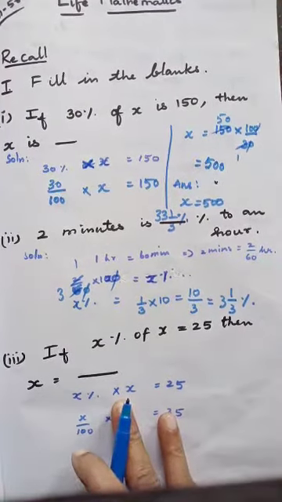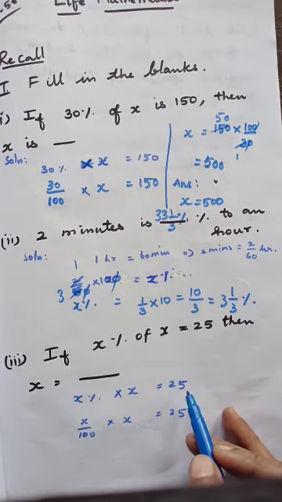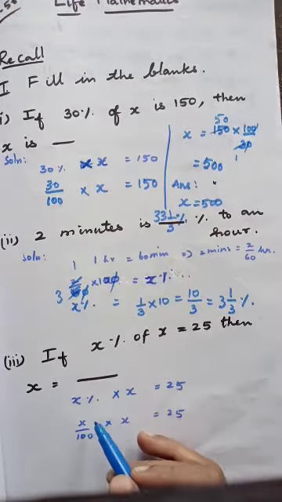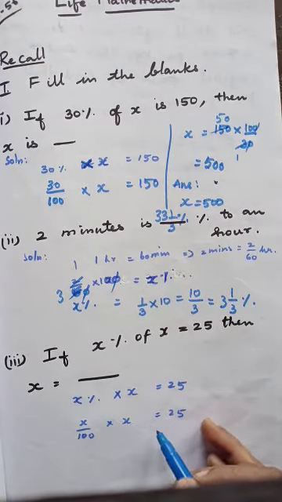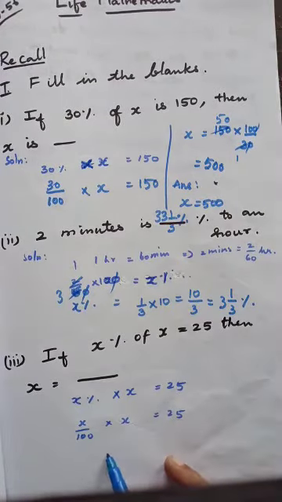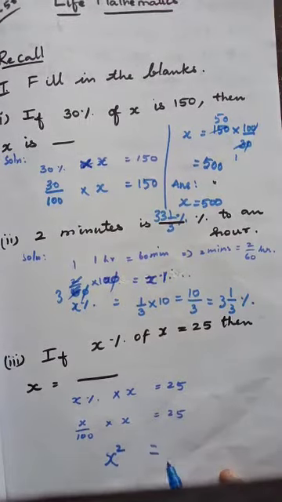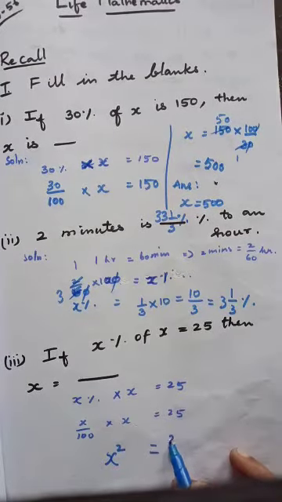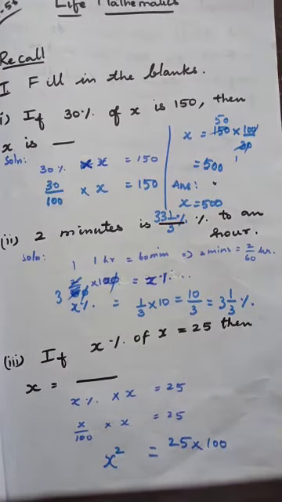And next, if x percent of x is equal to 25, then x is equal to dash. X percent of x is equal to 25. So x percent means you can write this as x by 100 into x is equal to 25. Here we can write x into x, that is x square, is equal to, you bring this 100 that side, it will come to the numerator, 25 into 100.